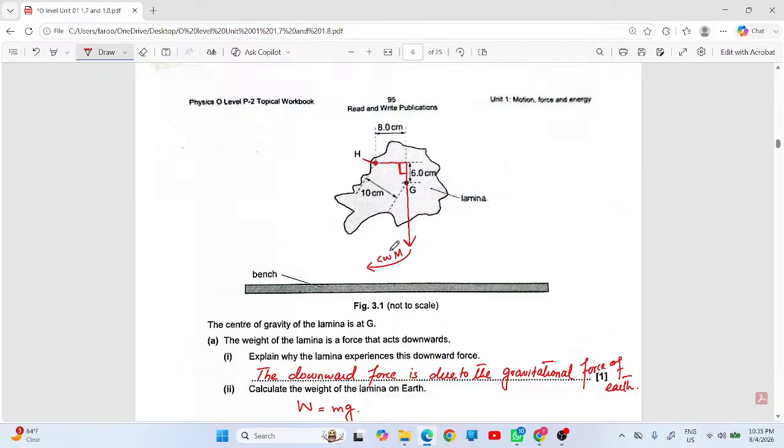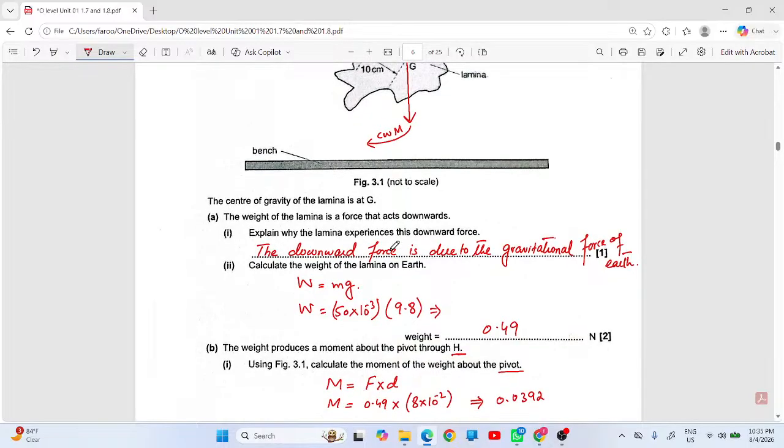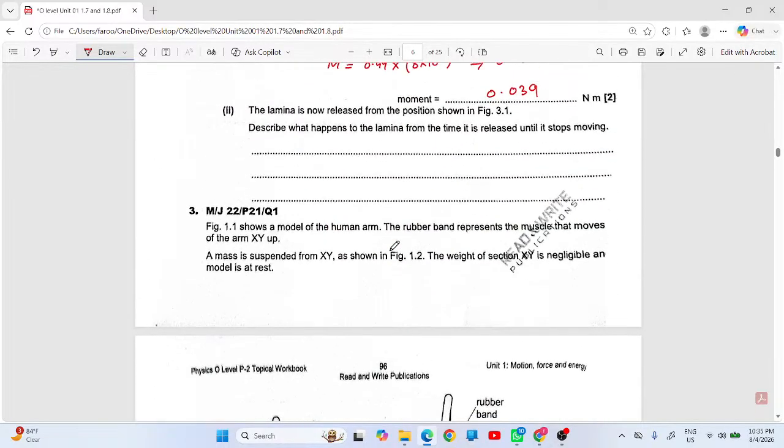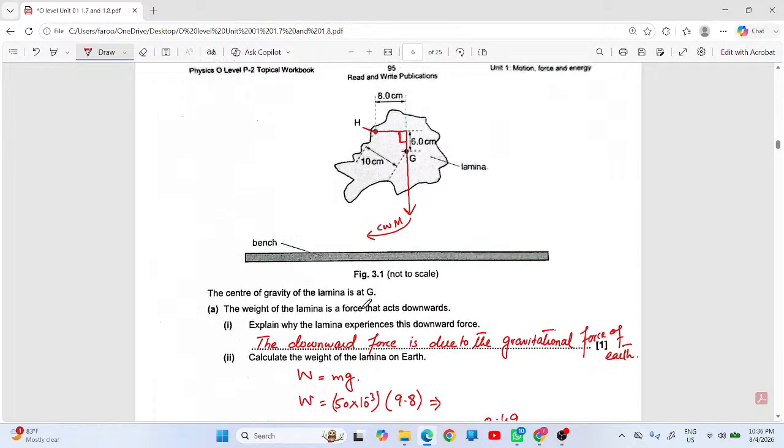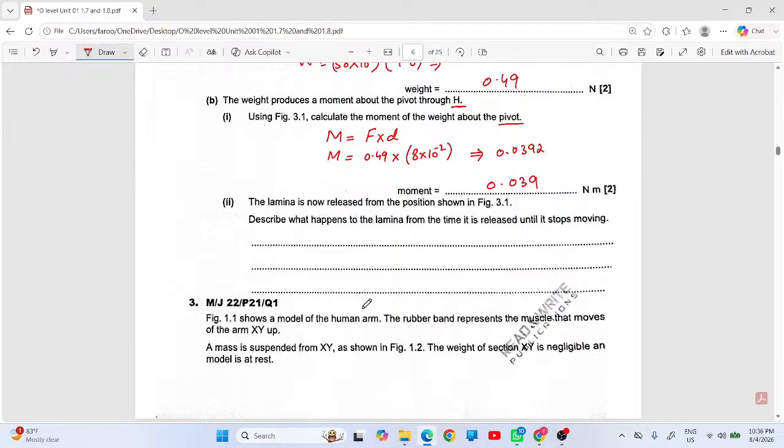So here we write the lamina vibrates. The lamina is now released from the position shown in figure 3.1. Now because of this, it will rotate. OK, we write the lamina vibrates clockwise.